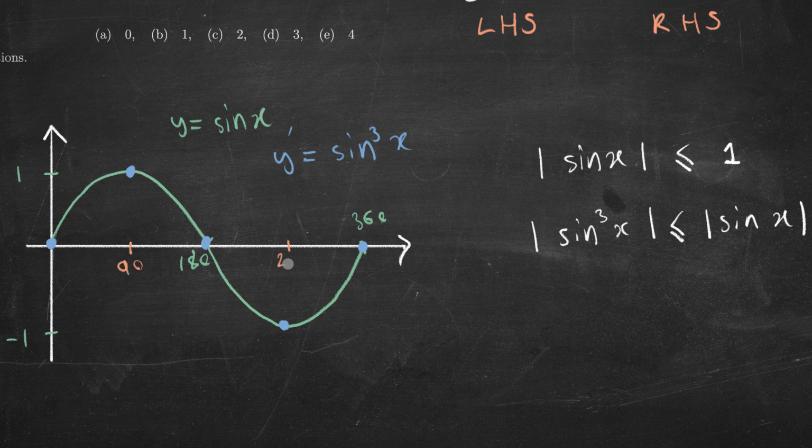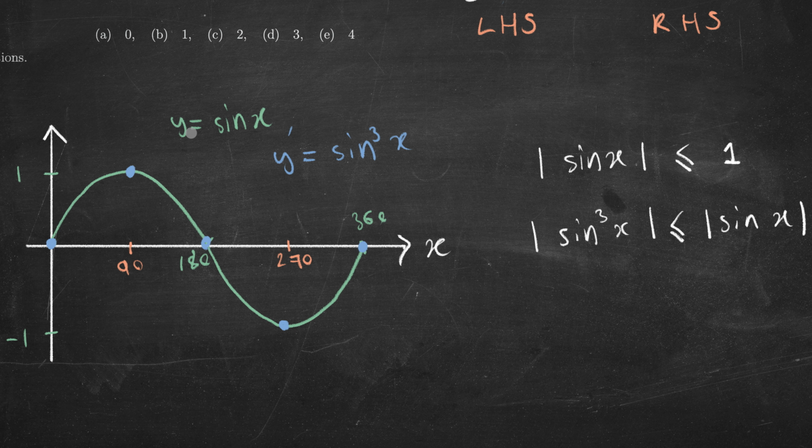So for that reason, the sine cubed of x is going to hit the sine of x at the 90 degrees. And at any other points, the magnitude of the sine cubed is going to be less than the sine of x. And that means the sine cubed of x graph is going to be between the green curve and the x-axis when we come to draw it, because we need the magnitude of these y values to be less than or equal to the magnitude of these y values.